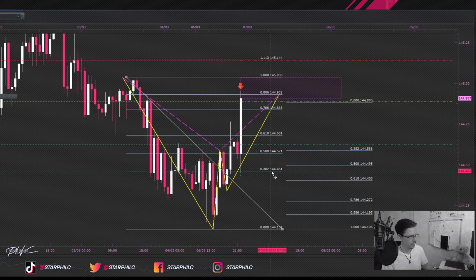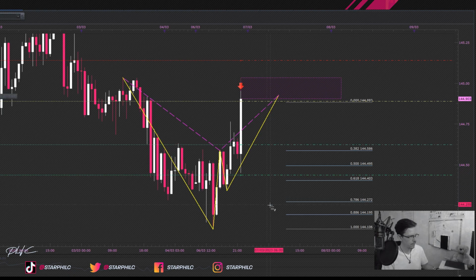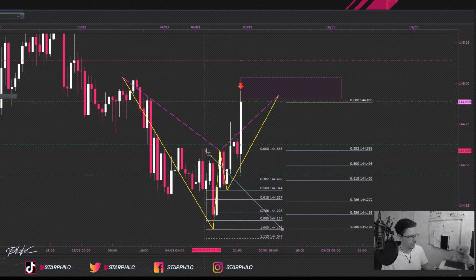Then the next criteria I'm looking for is another Fibonacci retracement from this swing low to this swing high. What I'm looking for here is a minimum of a 382, and then we get another 50 right here. This is a perfect bat pattern, right?